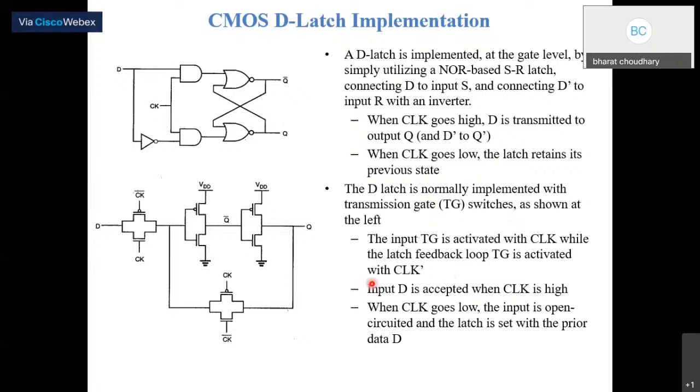The D latch is normally implemented with a transmission gate switch, shown on the left. By using transmission gates and CMOS inverters, this type of latch can be implemented.